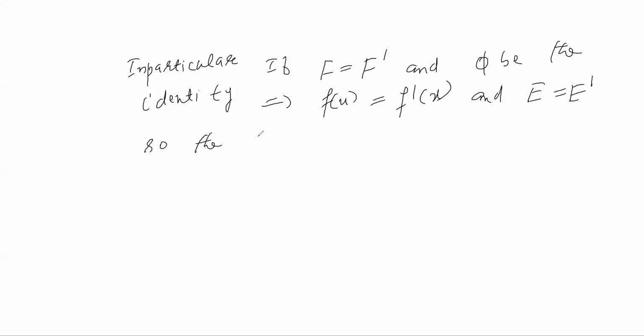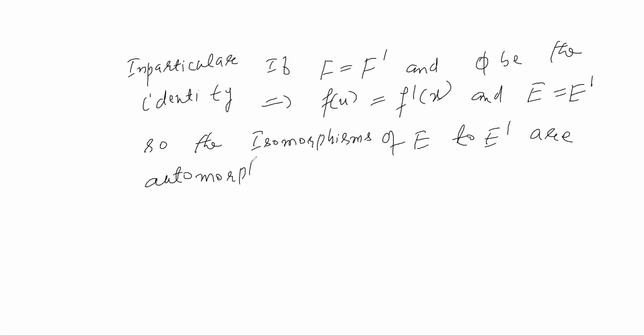So the isomorphisms of E to E dash are actually automorphisms of E. When you restrict them to F, they are the identity.